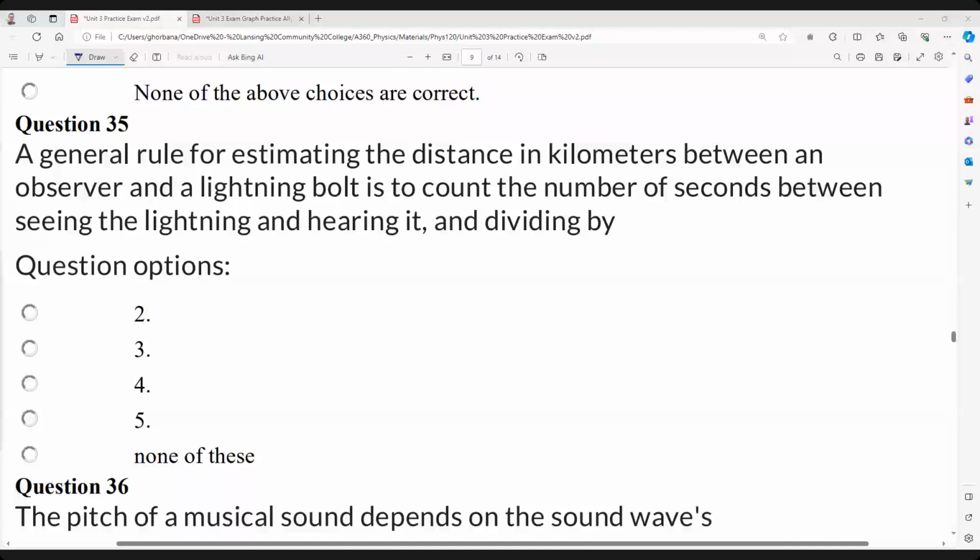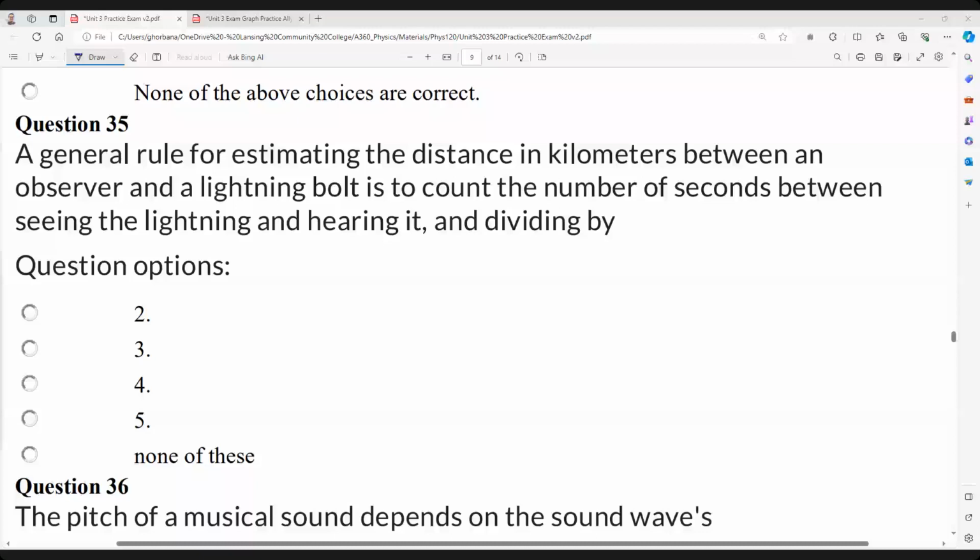So number 36. Each of them and uh, you hear me?